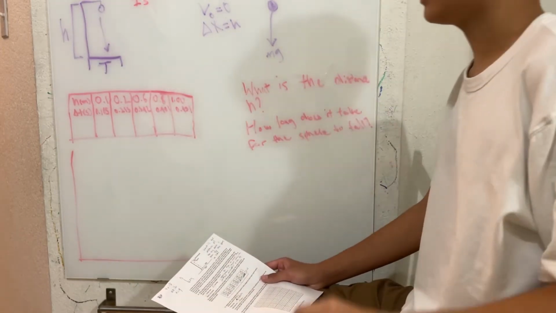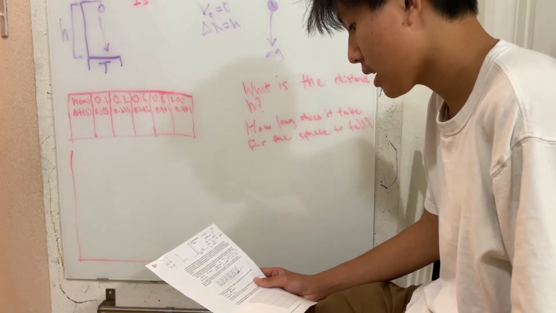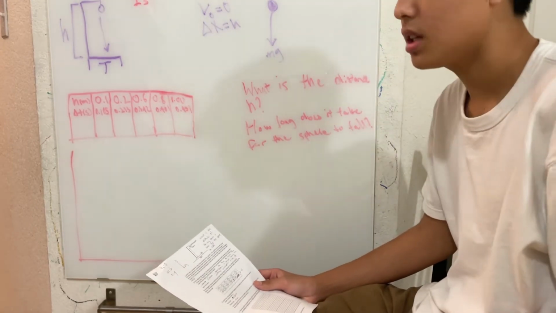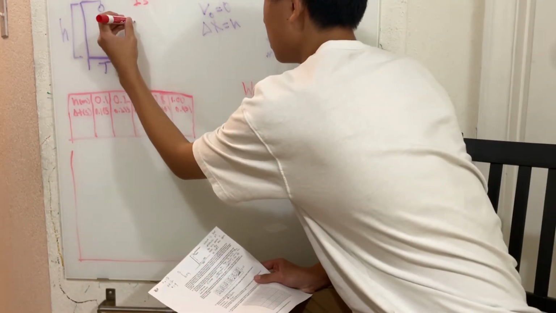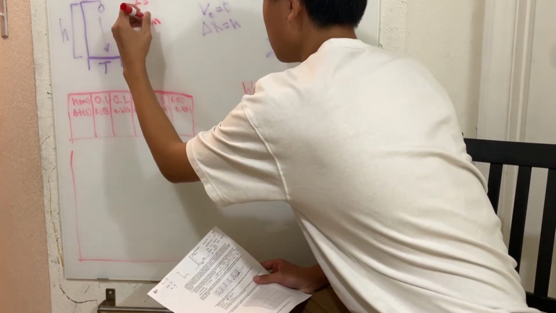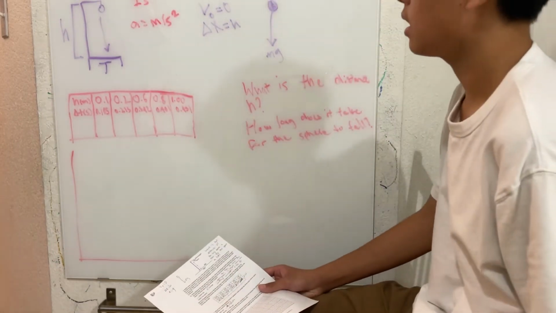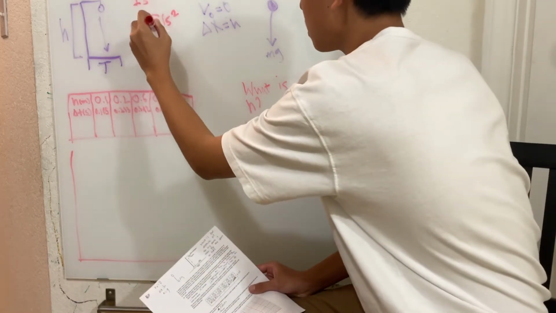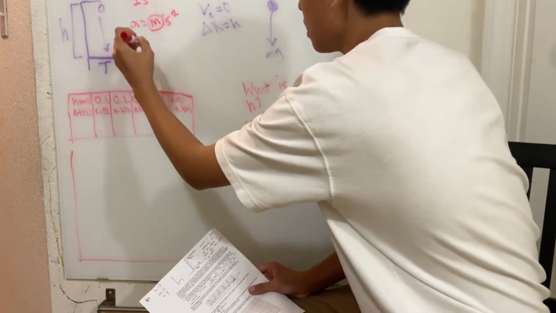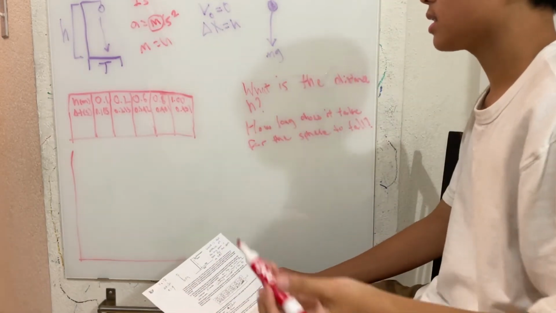So that delay would most likely cause the calculated acceleration to be less than the actual value of g. This is because if we look at the units for acceleration, a equals meters per second squared, and the meters, which is h, is a constant and stays the same.